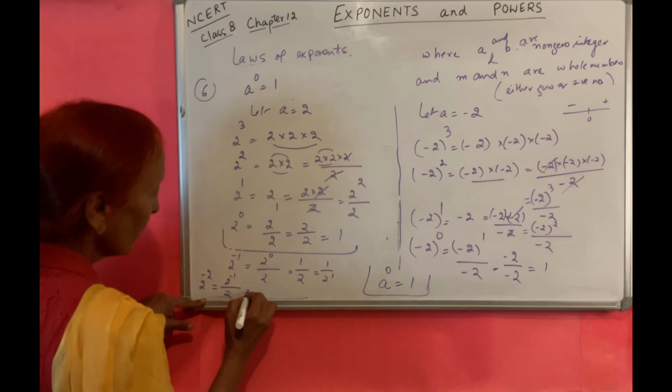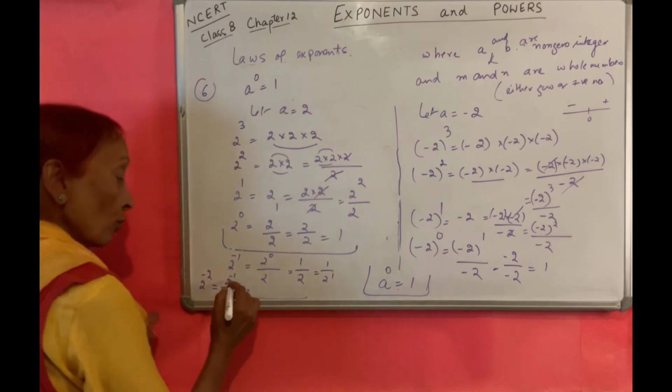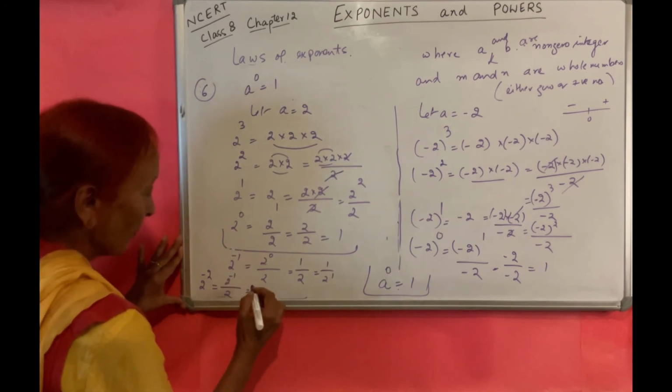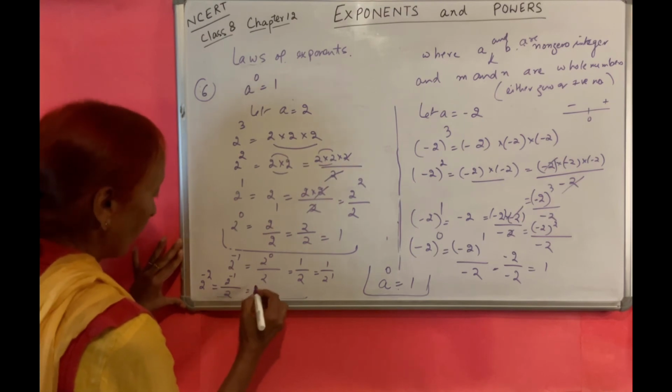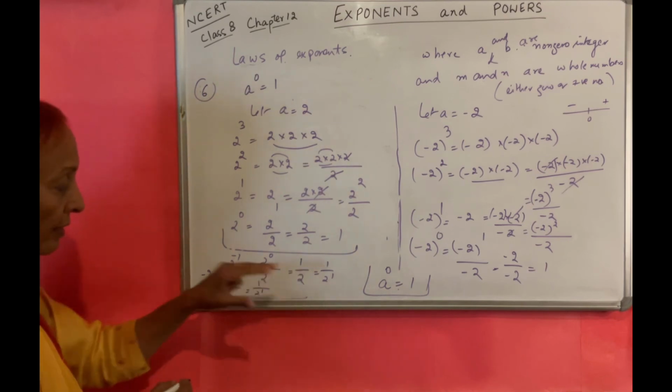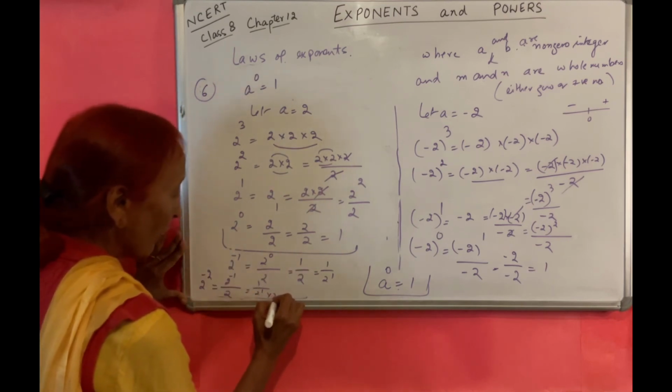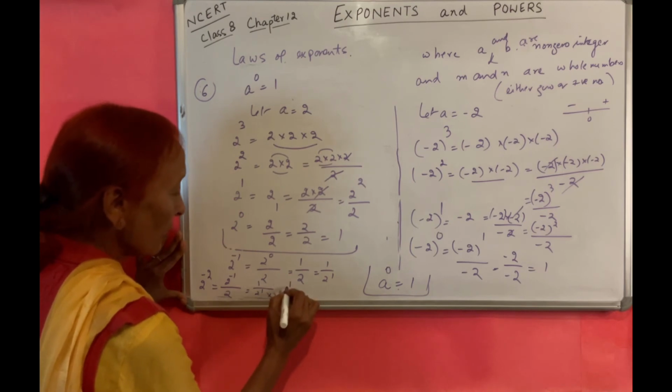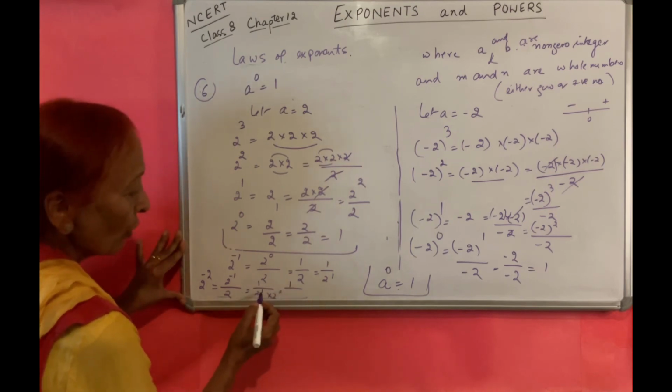So 2 raised to power minus 1 is 1 upon 2 raised to power 1, reciprocal like this, and divided by 2. So this is 1 upon 2 raised to power 1. Nothing is written here means 1.